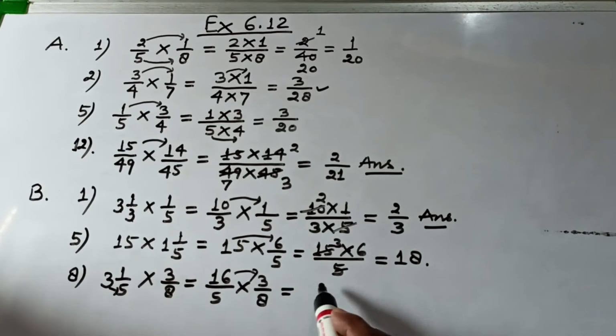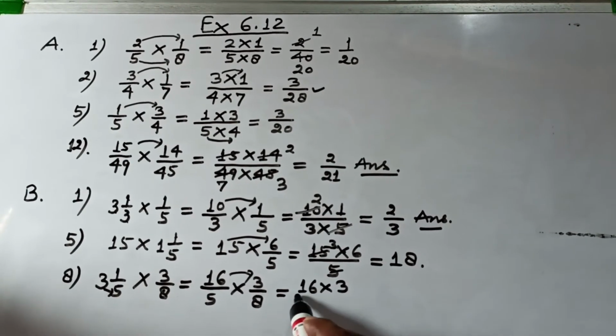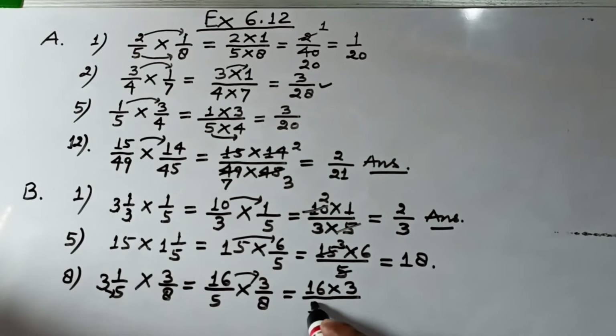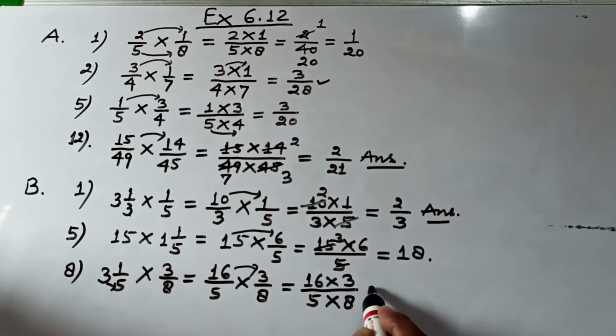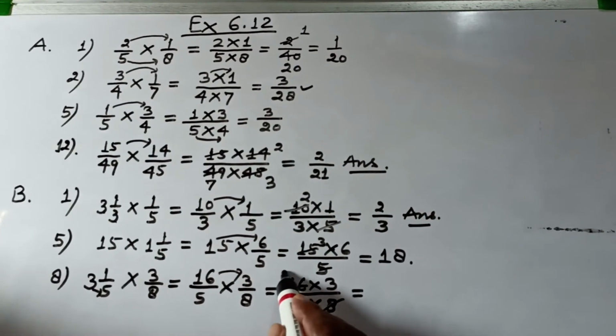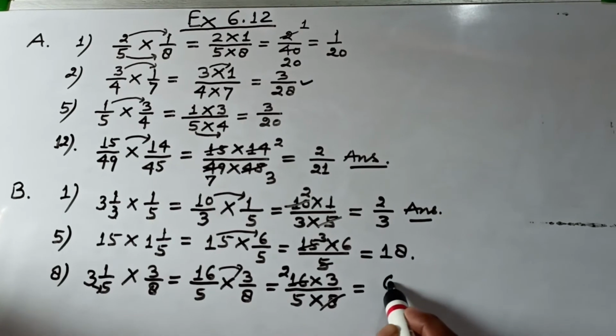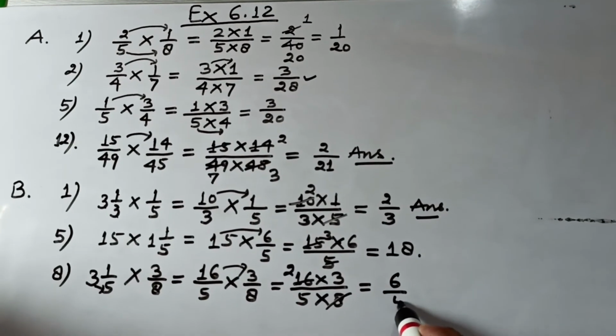Again do the same thing. 16 into 3 upon 5 into 8. Now here 8 can divide 16, 8 2s are 16, 2 into 3, 2 3s are 6 upon 5.